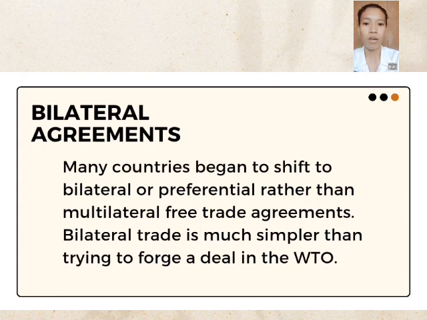So the reason why many countries prefer bilateral agreements over multilateral ones is that they can customize the terms to fit their specific needs, negotiate more quickly, and focus on their direct interests. It's like choosing a personalized deal that's easier to manage instead of a one-size-fits-all agreement involving many nations.